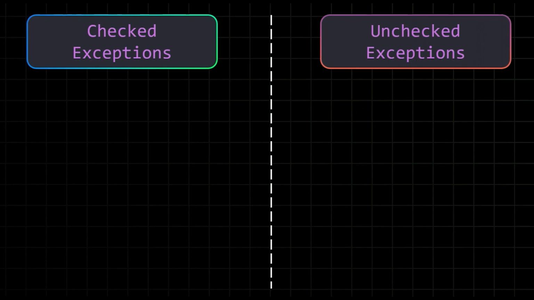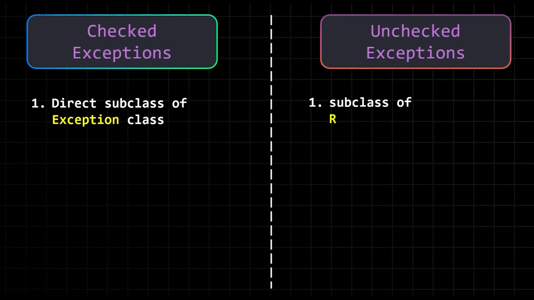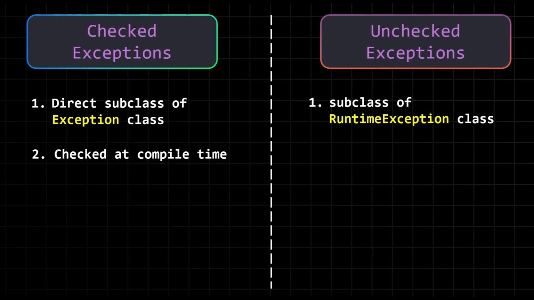So the checked exceptions are direct subclass of the exception class, whereas the unchecked exceptions are subclass of the runtime exception class. The checked exceptions are checked at the compile time, whereas the unchecked exceptions are ignored during the compile time and only occur during the runtime execution.